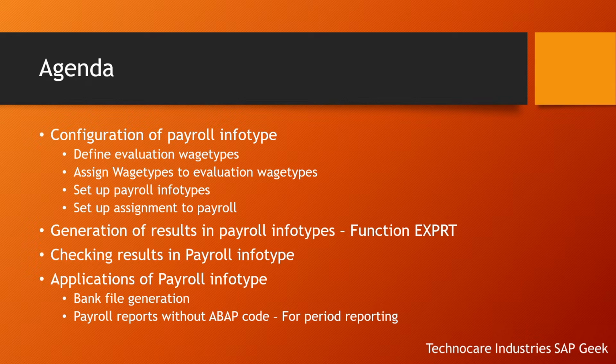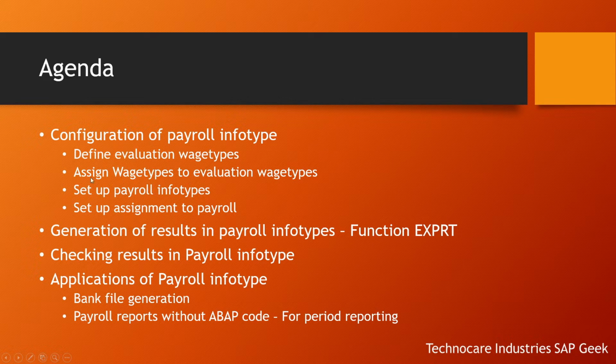All loans, company loans, the loan type specific wage types that we have generated, those wage types we can have in one payroll infotype. We need to understand that whatever evaluation wage types we create over here can be used in a number of places, not only in a single payroll infotype but multiple payroll infotypes as well.